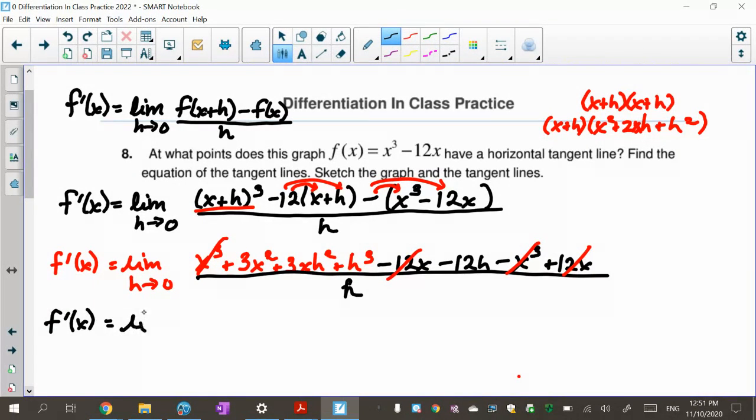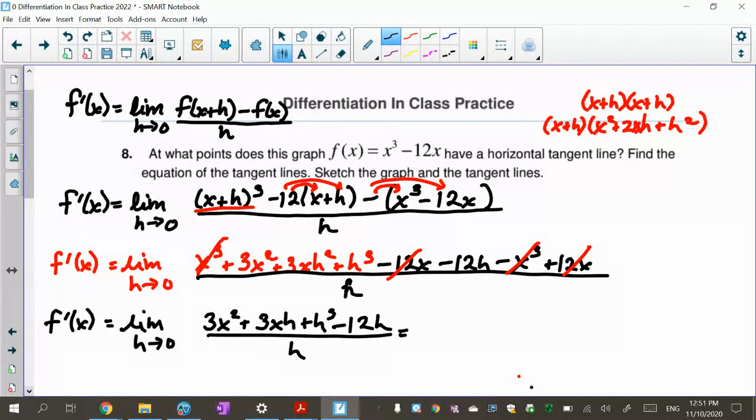So now I end up with f prime of x is the limit as h approaches 0 of 3x squared plus 3xh plus h cubed minus 12h all over h. And I'm going to factor out the h if I can, but I think I made a mistake here.